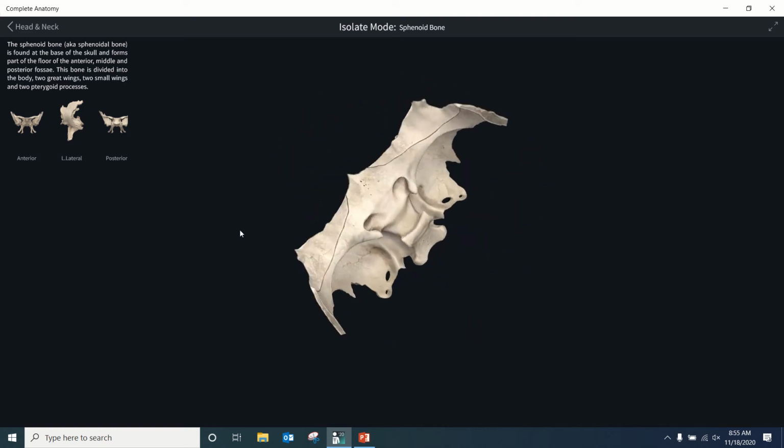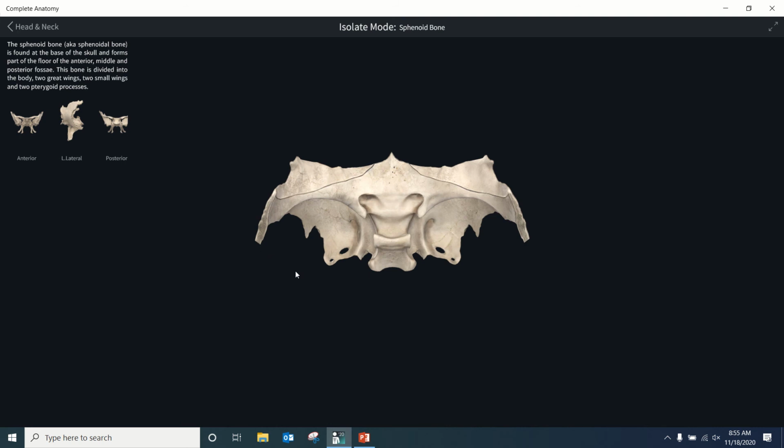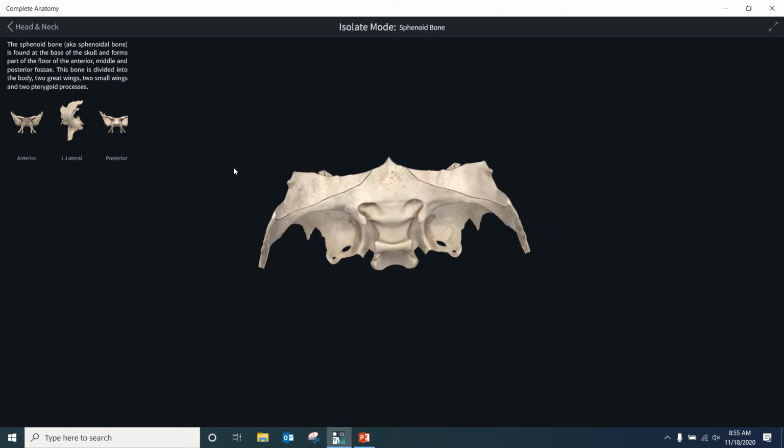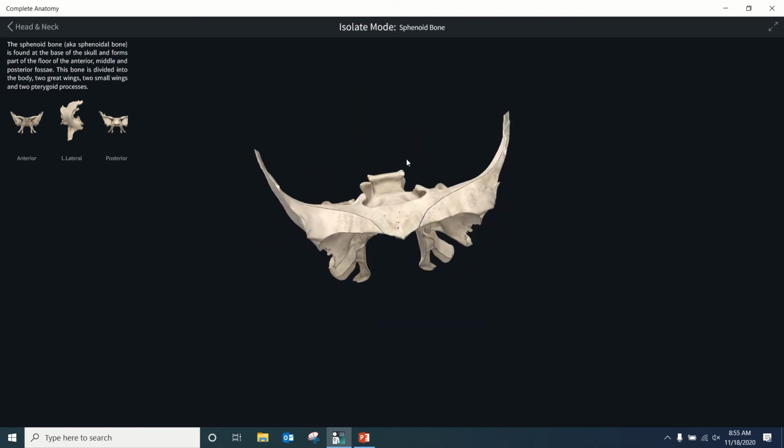If I look at it from the posterior and superior aspect, you can see a couple of other holes. The other holes in the bone allow for nerves that innervate the muscles of the eye, but some also allow for the passage of nerves that innervate the muscles of the face that allow us to make expressions, but also allow us facial sensation. So there are some important little passages in the sphenoid bone.